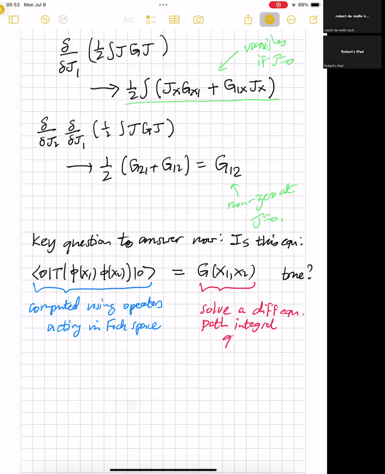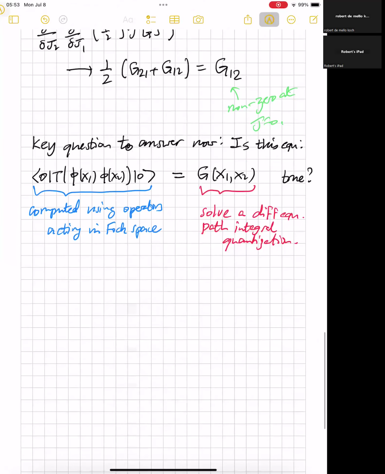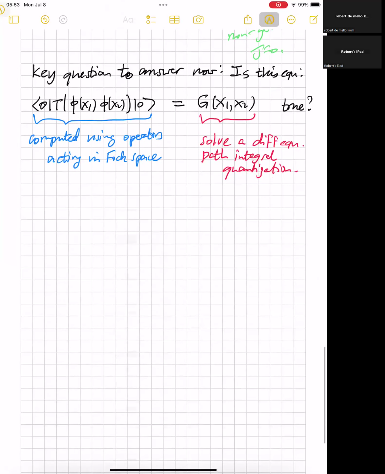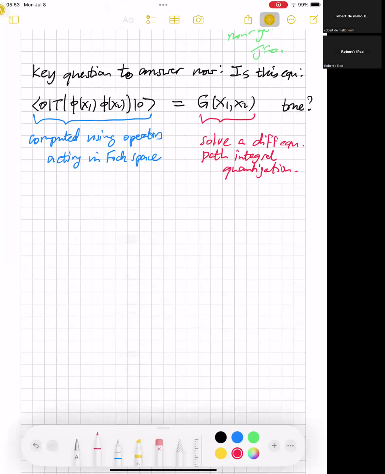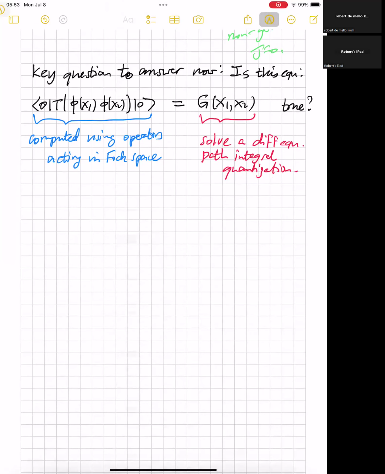It is not obvious at all that by solving a differential equation, we're going to reproduce what we got from the operator approach. And that's exactly the question that we want to turn to now. So to answer this question, we need to solve the following differential equation.